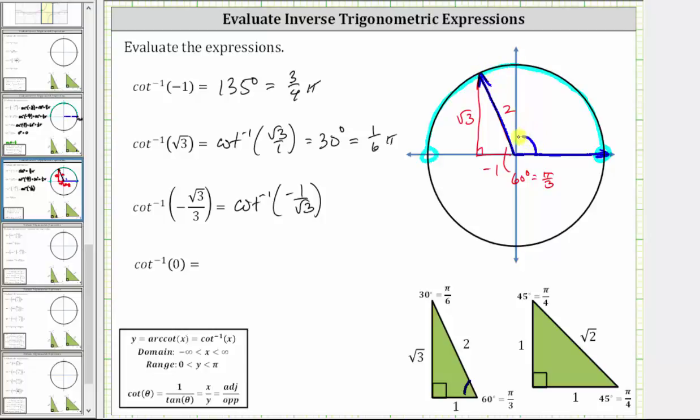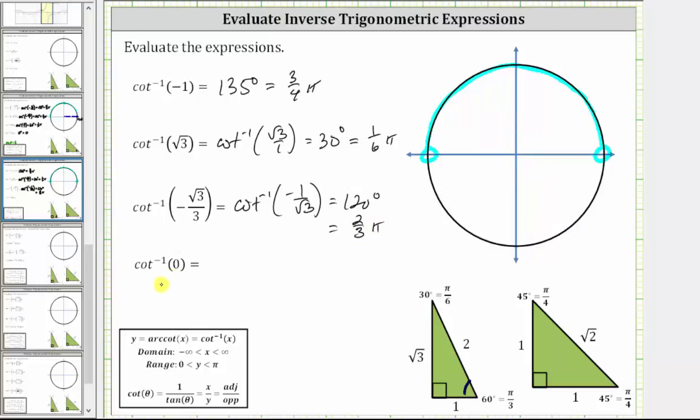Rotating counterclockwise, this is going to be 120 degrees, or 2/3 pi radians, which we can determine by taking 180 degrees, or pi radians, and subtracting the reference angle of 60 degrees, or pi over 3, or 1/3 pi radians, which gives us the angle in degrees and radians. This is equal to 120 degrees, or in radians, 2/3 pi radians.